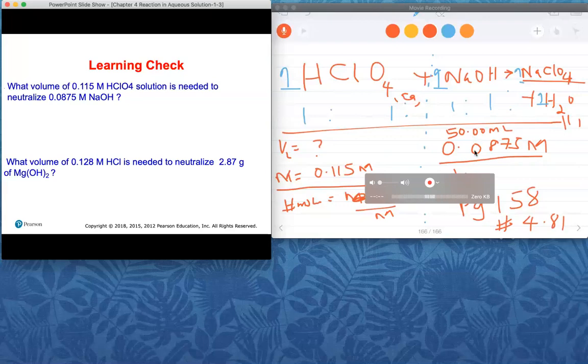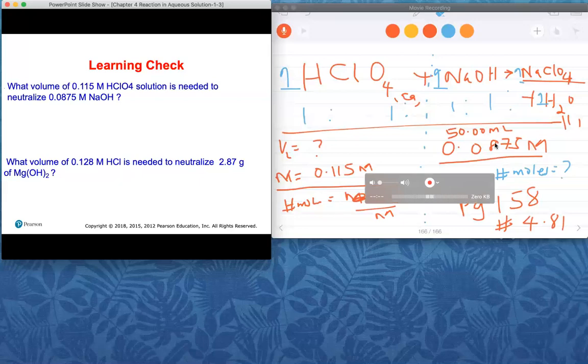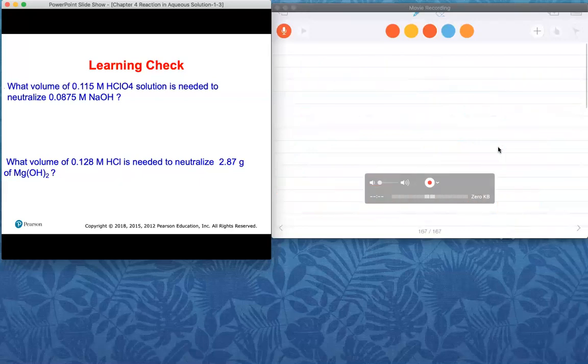So from the molarity, we need to find the number of moles. What will be the number of moles for this? If I know the volume and the molarity, I will use this equation.